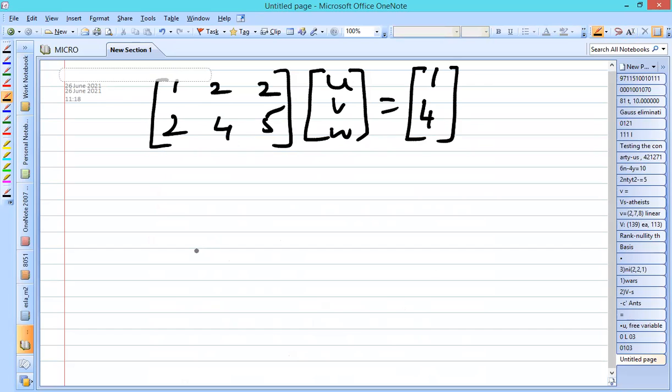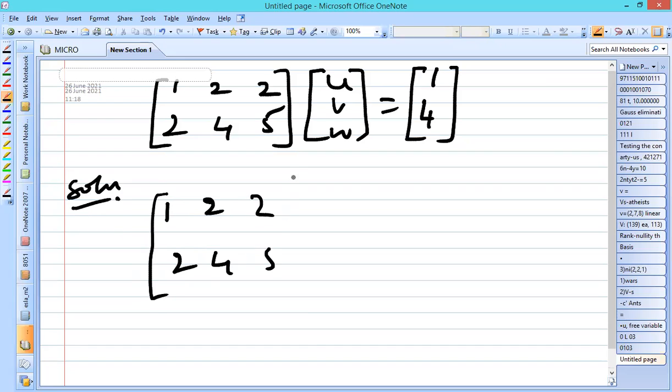Now it has to be reduced to the echelon form. By applying the row echelon method, we are going to simplify this. We consider the augmented matrix 1, 2, 2, 2, 4, 5, and put a vertical line to differentiate 1, 4.